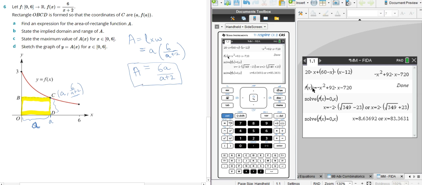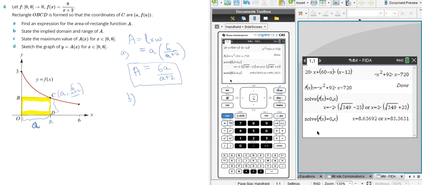So the area, find an expression for the area. Now state the implied domain. Now the domain for this function A that we have just found, sorry, that was part A, not B, right, B. Now to find this implied domain, remember in the previous question as well, when we're finding domain, what we have to do is just sketch this graph.